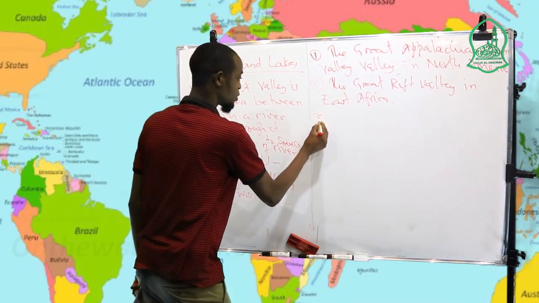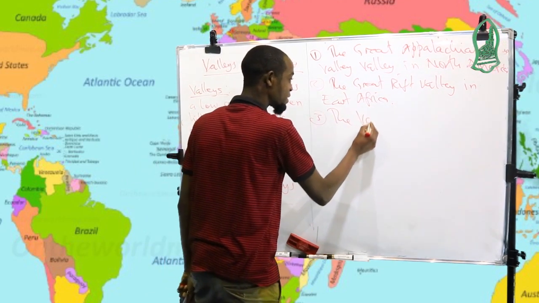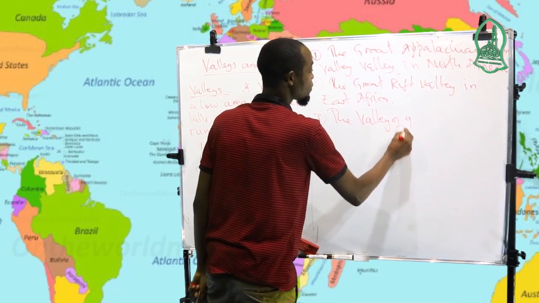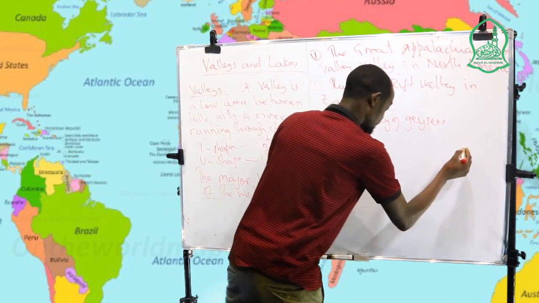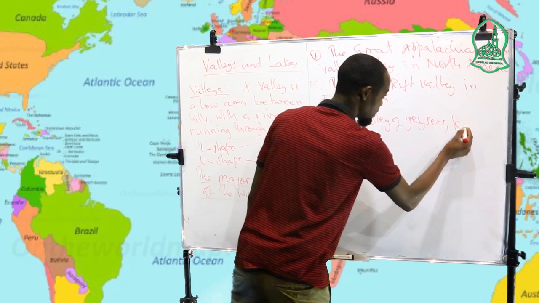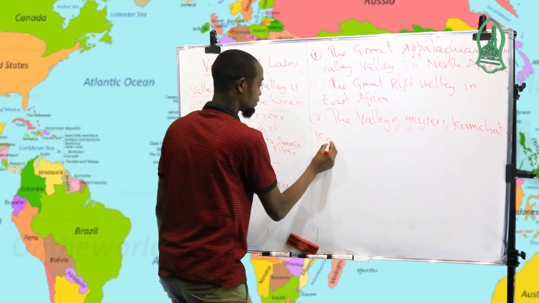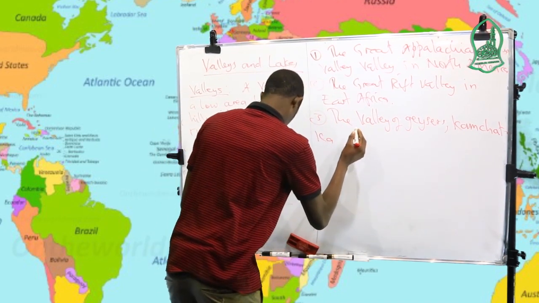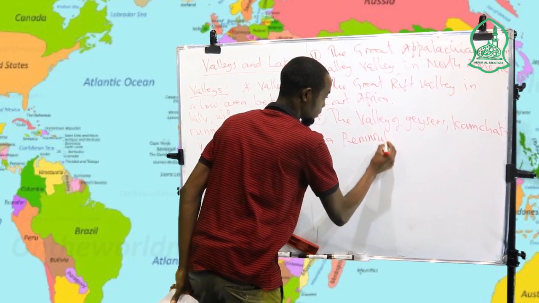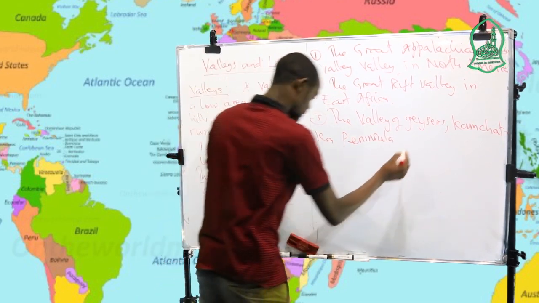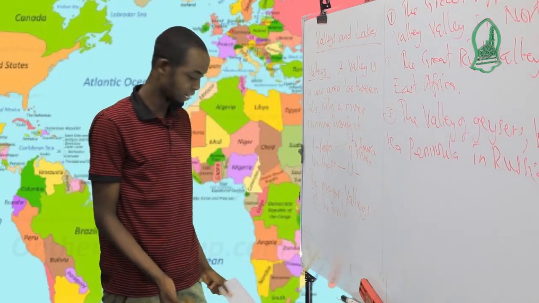Number 3 is the Valley of Geysers, on the Kamchatka Peninsula. This is found in Russia.